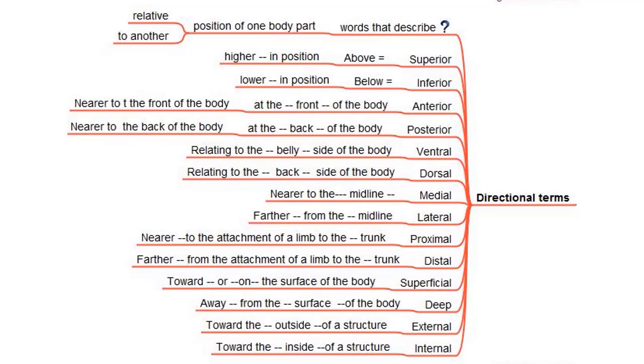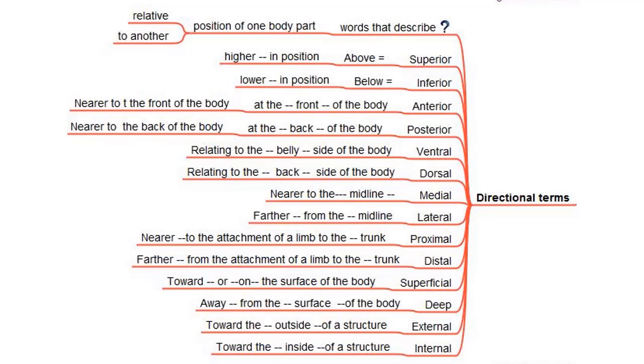Anterior is at the front of the body, posterior is at the back, ventral is also anterior, dorsal is posterior, medial is nearer to the midline, lateral is farther from the midline, proximal and distal are related to the trunk.